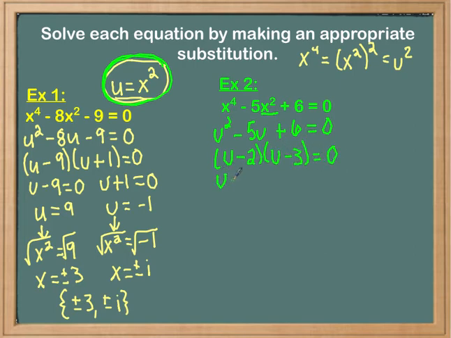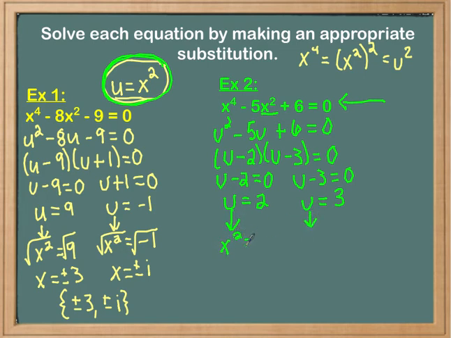Setting those factors to 0, I get u is 2 and u is 3. But remember, in the beginning, did I even want u? No, I wanted x. So I have to resubstitute my x values in place of my u's.